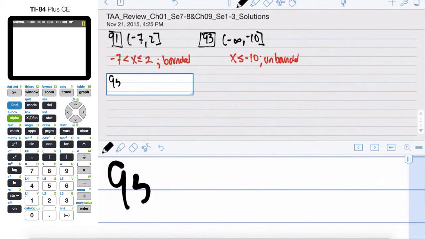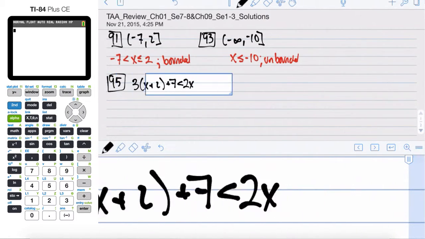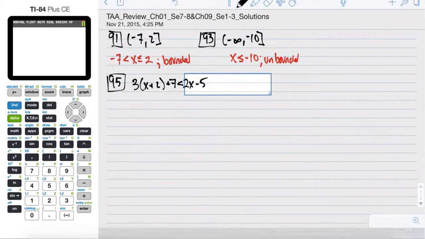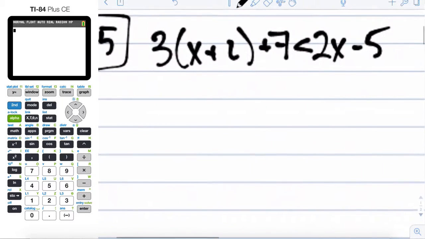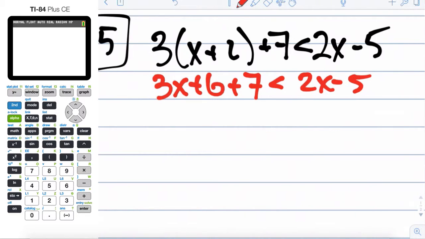95 says solve the inequality. 3 times (x plus 2) plus 7 is less than 2x minus 5. So that is 3x plus 6 plus 7 is less than 2x minus 5.